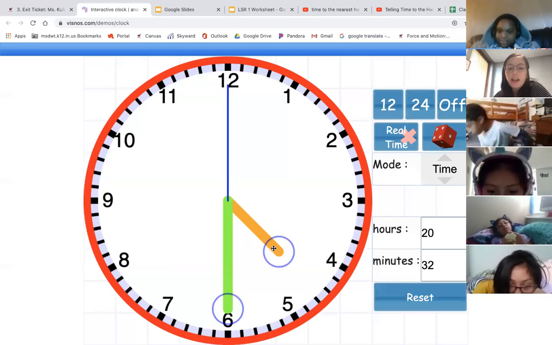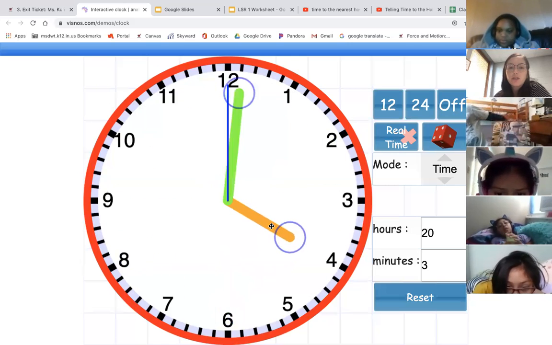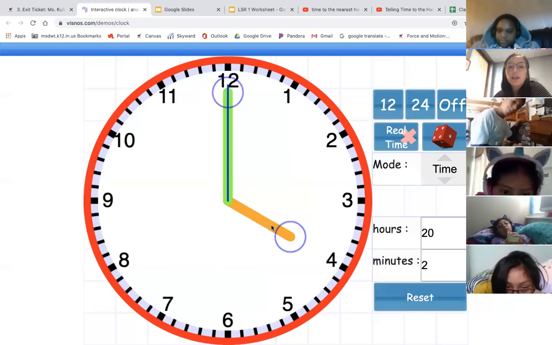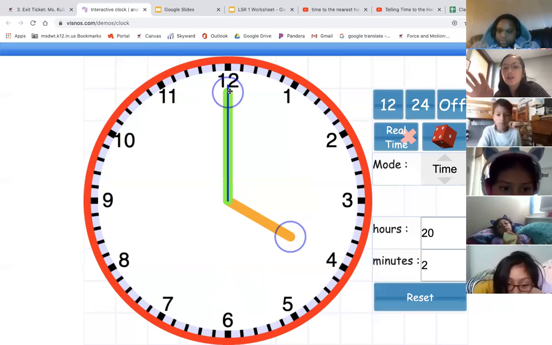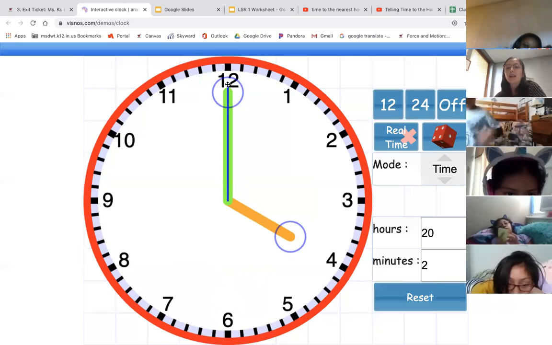So the reason that anytime it is pointing to the 12, that means o'clock, is because this 12 means 60. And someone told me earlier, I can't remember if it was Piper or Mohammed, that 60 minutes are in an hour. So every hour, every o'clock is 60 minutes.